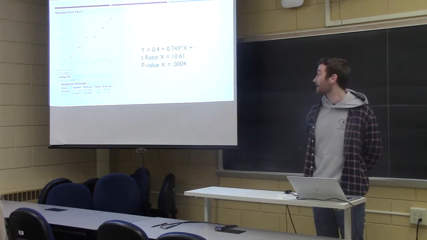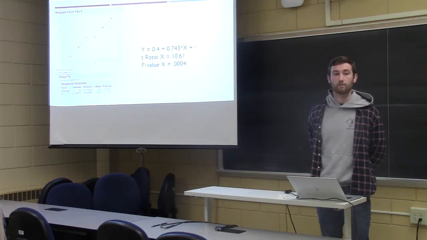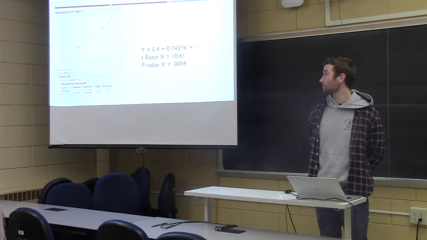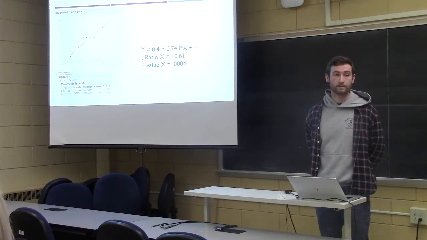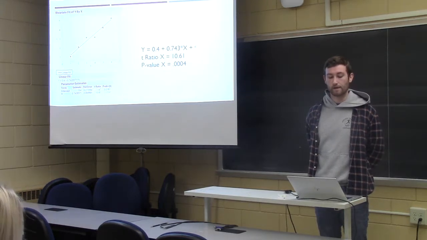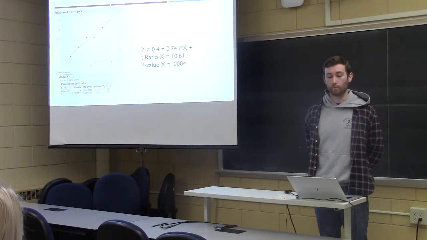So then I fit a line, and the linear model that it spit out was 0.4 plus 0.743 times x plus the error term. So our beta naught is 0.4. That's what we'd expect for x equaling 0, and then for a 1 unit increase in x, we'd expect a 0.743 increase in y.